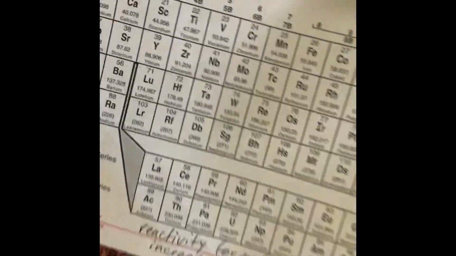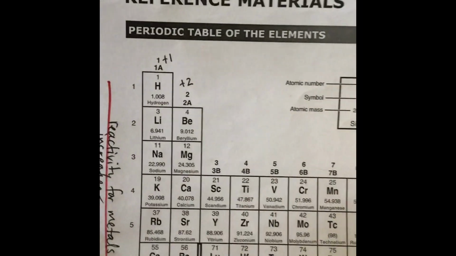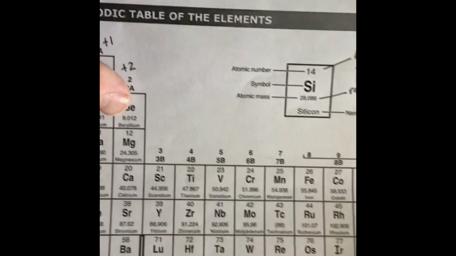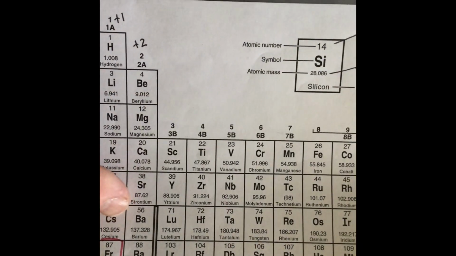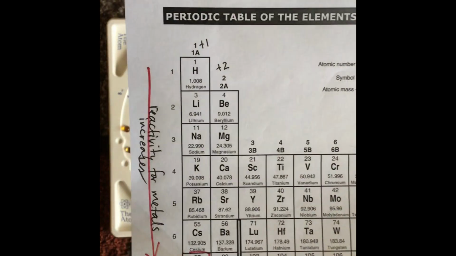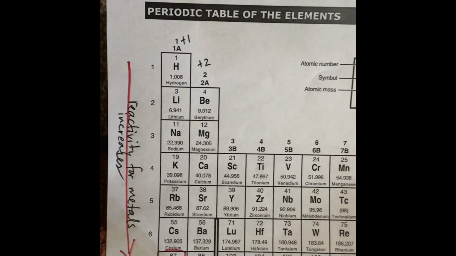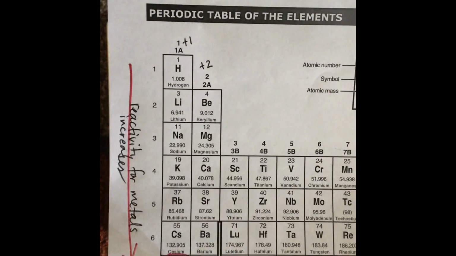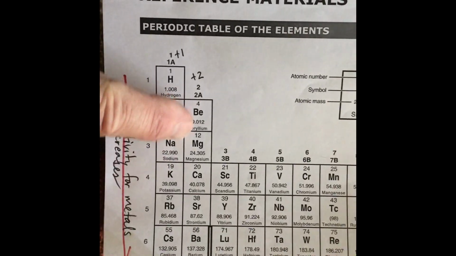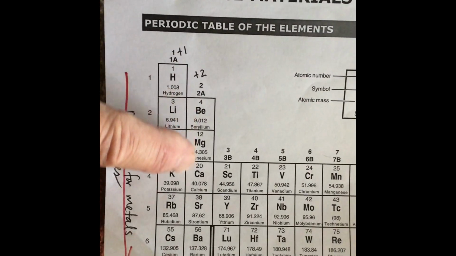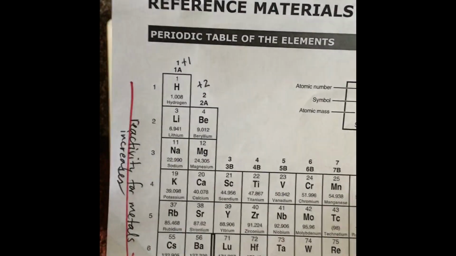So now we can compare two metals and we can say, hey, which one is going to be the most reactive? For example, if I compare beryllium to strontium, which one is going to be more reactive? That's right, strontium, because strontium is below beryllium and reactivity increases as you go down the group.